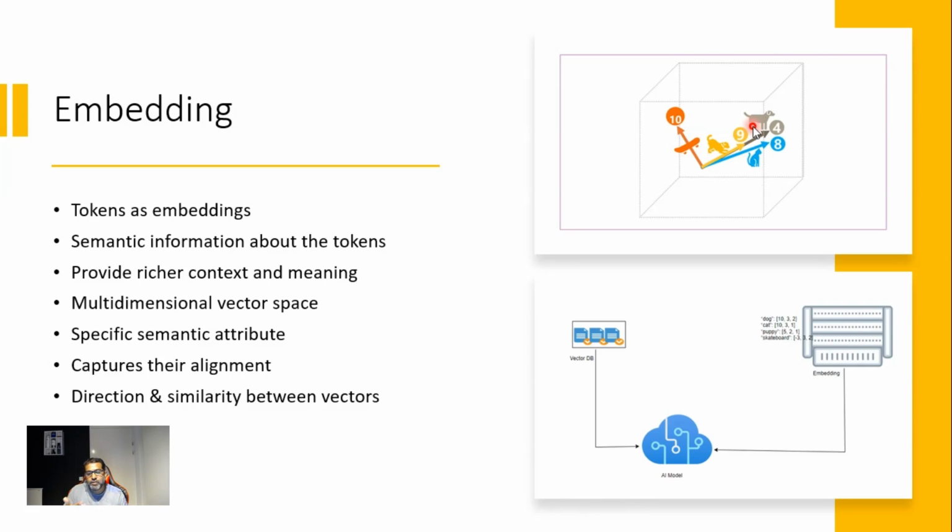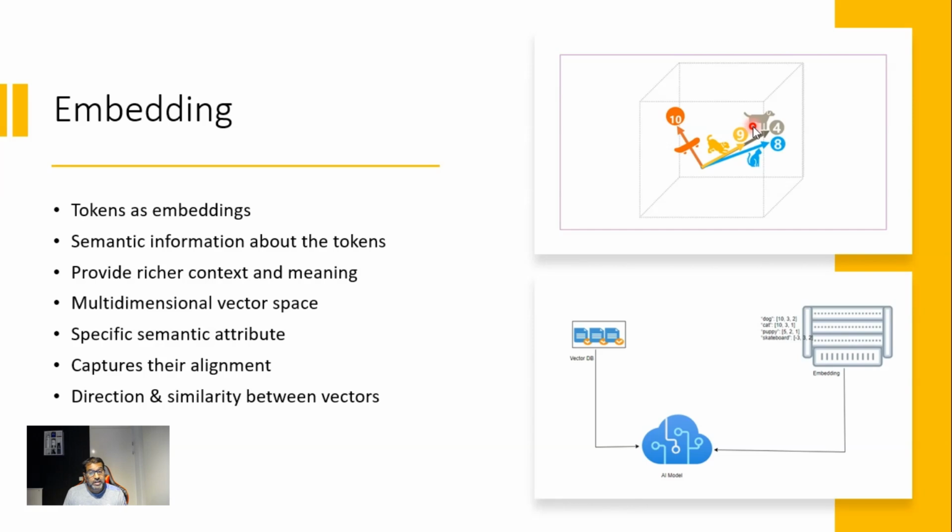All this kind of semantic information about that particular token is what the embedding holds. These embeddings provide more information and meaning to the large language model, because it's not only a dog, it has more information about the dog, about its height, weight, and whether it is a puppy or an adult. All this is the semantic information.